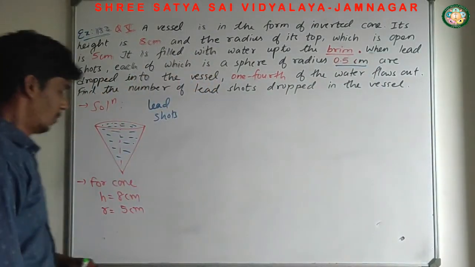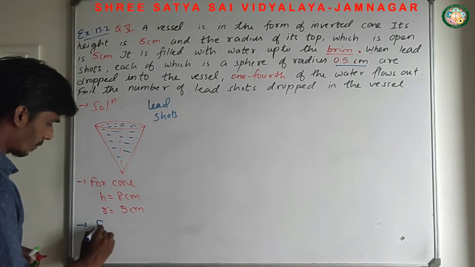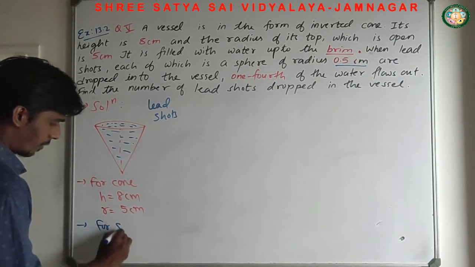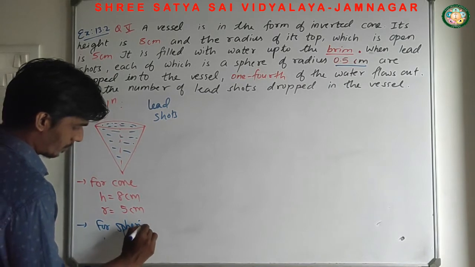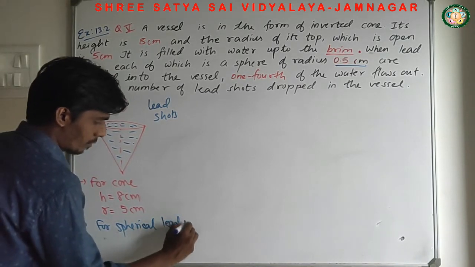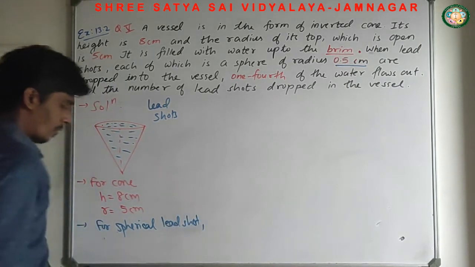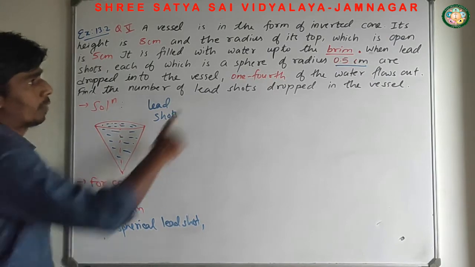0.5 centimeter. So one more thing is given in the question itself, that is for the spherical lead shot, what is its radius? Now already I wrote small r here and one more radius I got.